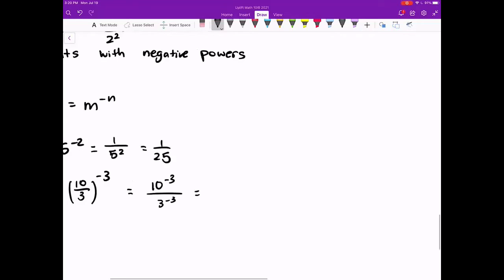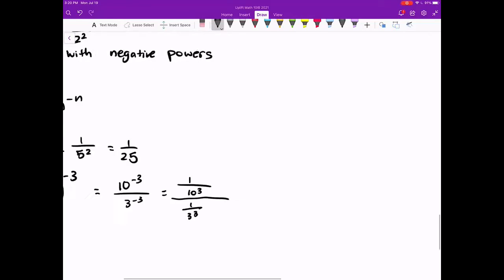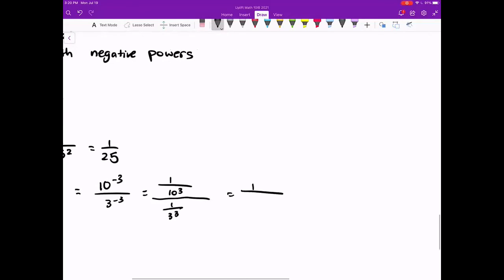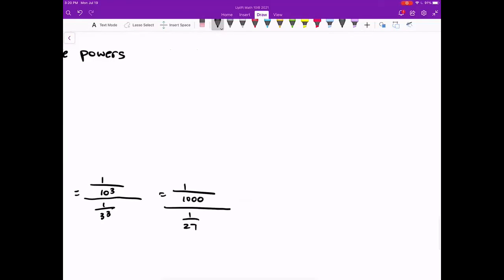So what we see is that we have 1 over 10 to the power 3 divided by 1 over 3 to the power 3. So that turns out to be 1 divided by 1,000 over 1 divided by 27. And we end up with 27 divided by 1,000.